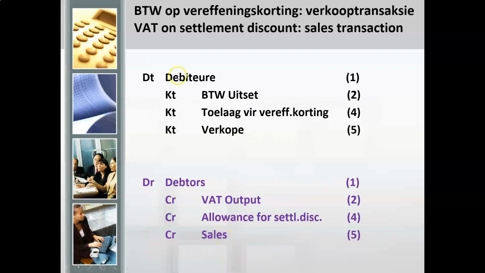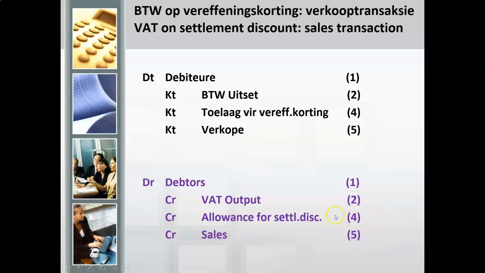So let's do that. Number 1, what am I going to take to debtors? The invoice amount. What is step number 2? Determine the VAT on the invoice and post that VAT to the VAT output account. So credit VAT output. Number 3, what am I going to do? Take the VAT exclusive price and break it down into the 2 legs.